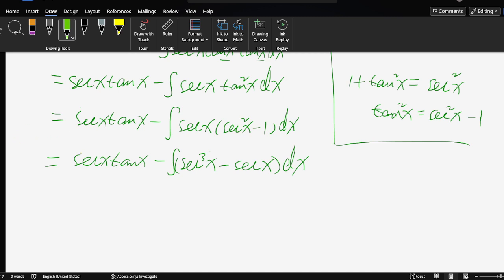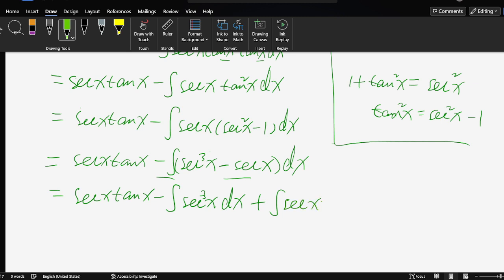So continue. Okay. So copy again secant x tangent x minus integral secant x cubed dx. So here is minus, here minus, so plus integral secant x dx.